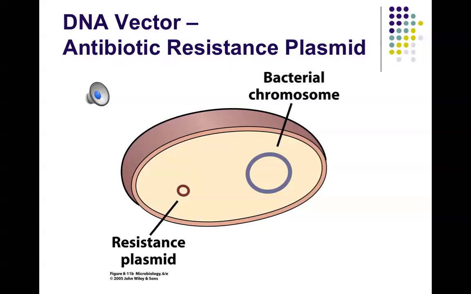And the fact that plasmids can be transferred not only by conjugation, but also by transduction and even transformation, has allowed different bacterial species to quickly transfer drug resistance from one bacterium to another.